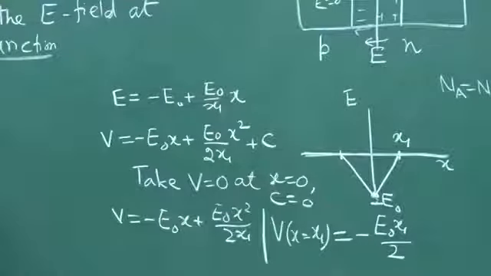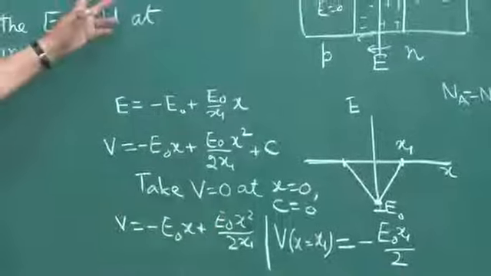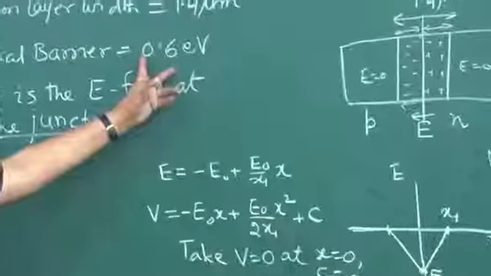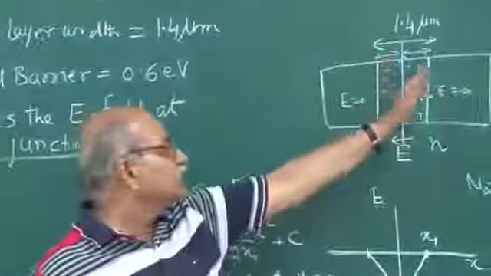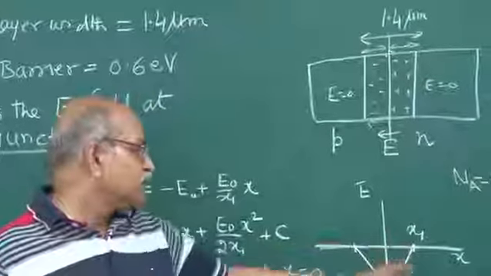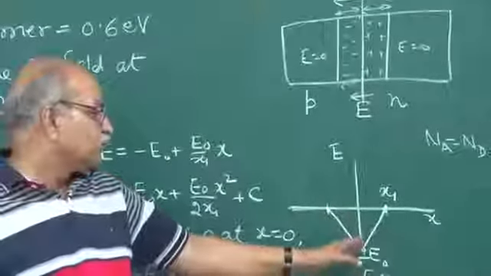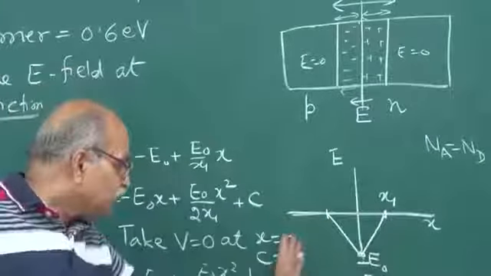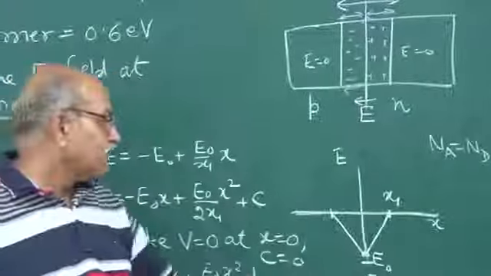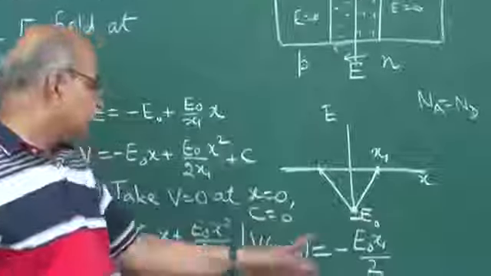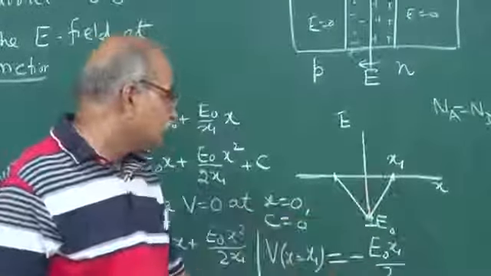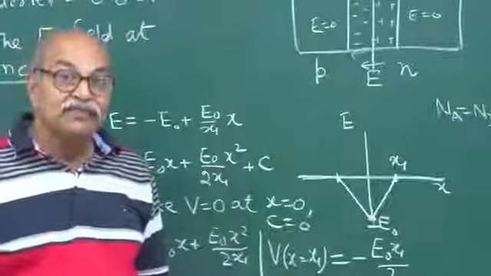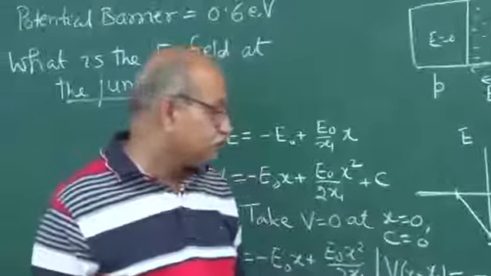But the total potential barrier is 0.6 electron volt from here to here, and it is symmetric. So if you have 0 potential here, on this side it is something, and the same will be on the other side. The difference from x equal to 0 to x equal to x1 should be 0.3 volts.